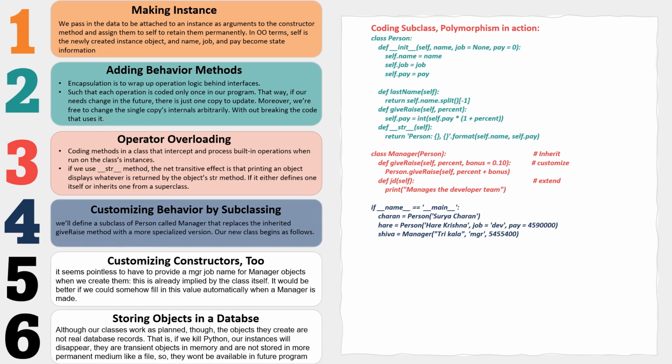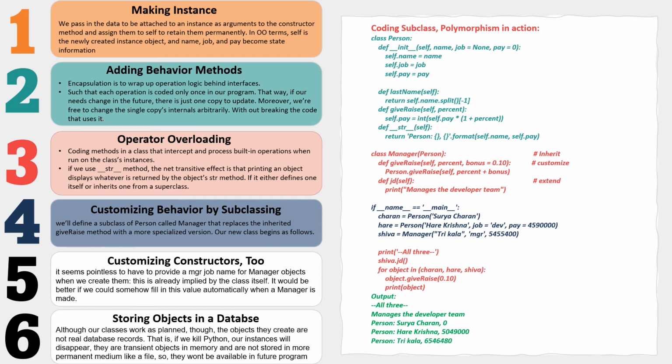Now let's print all three: for object in this, call give raise. What we got for person is 0, for Surya 0, and for Hare Krishna this much. Trikala belongs to the manager class, so it got a higher one based on the parameters we have given.